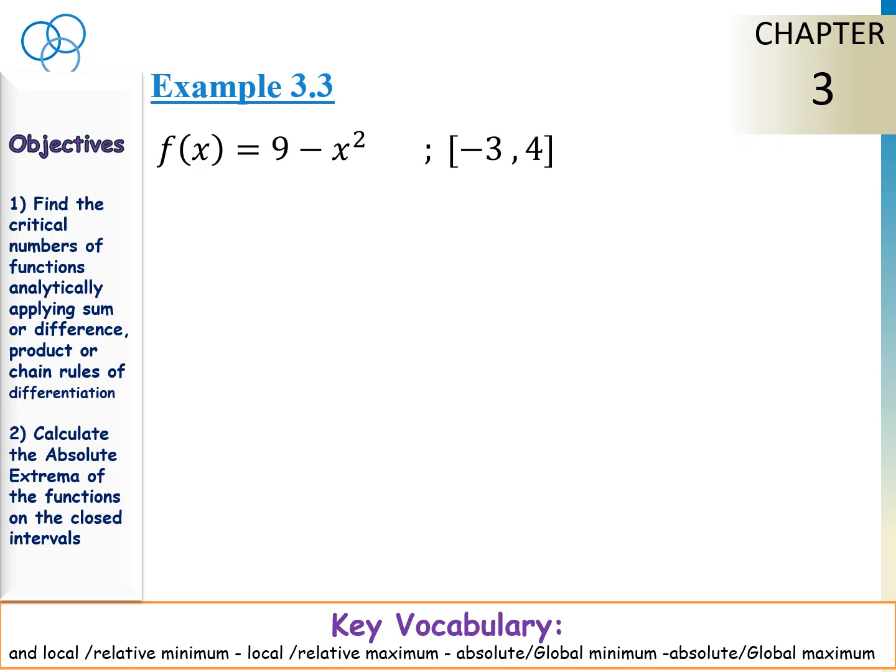Here is the equation f of x equals 9 minus x squared, and you have to read this graph within the closed interval from -3, which is the starting point, to 4, which is the ending point. The square bracket shows that you are talking about the closed interval. Remember, open intervals are given like that.